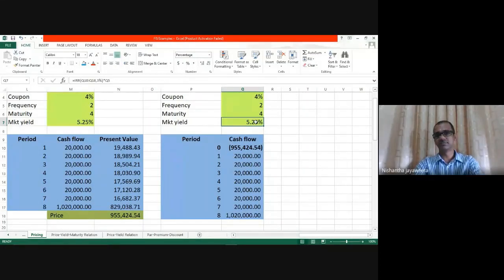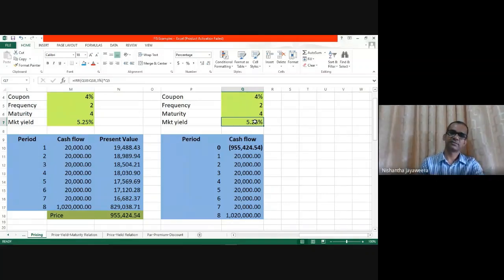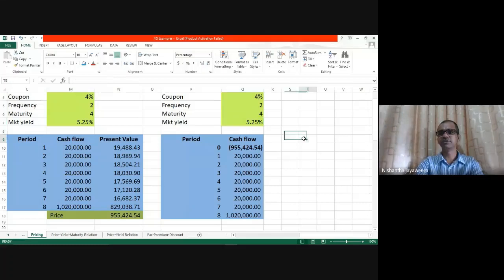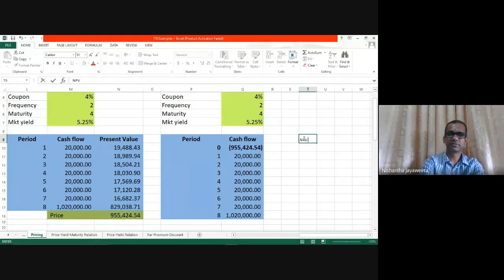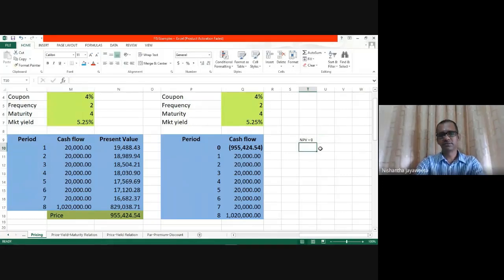We have to give it, because this is an iterative process. First try one figure and see what you get. IRR tries to make the NPV equal 0. That's the concept. IRR is the rate where net present value equals 0.